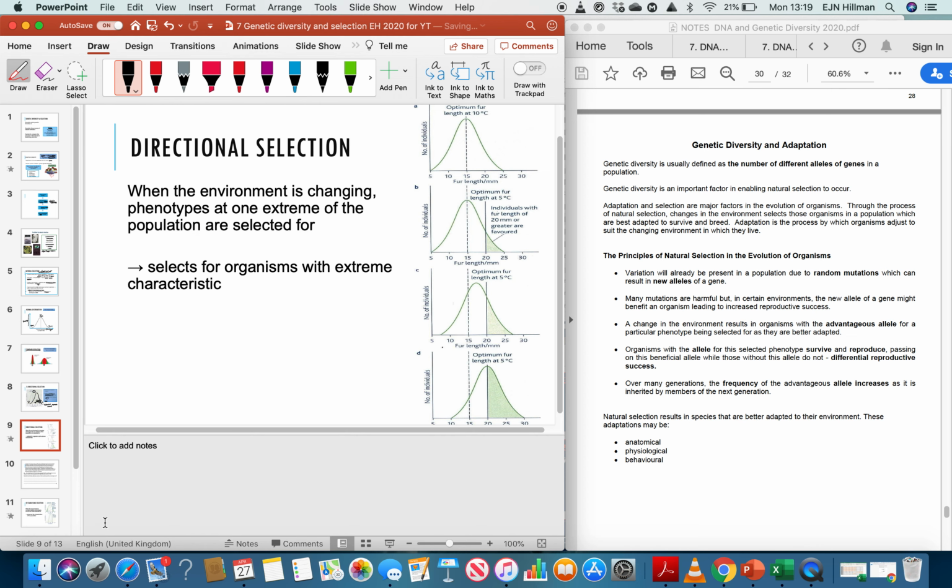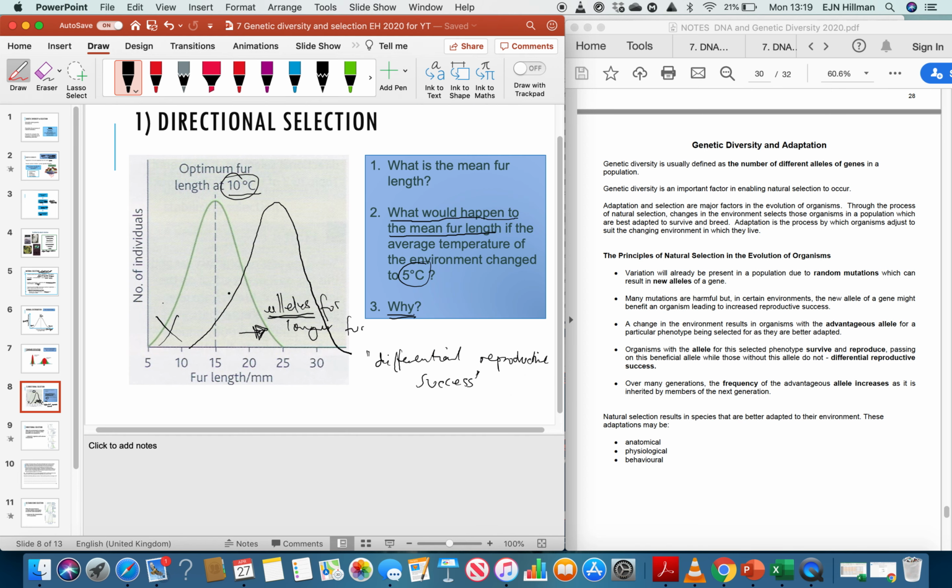And there we go. Okay, now we call this directional selection because, well, we can see that the curve has shifted in one direction. So one of the extreme alleles, or extreme phenotypes really, is selected for. The other extreme phenotype is selected against.